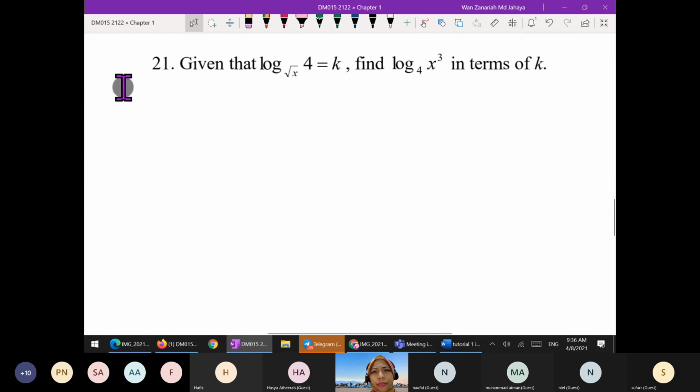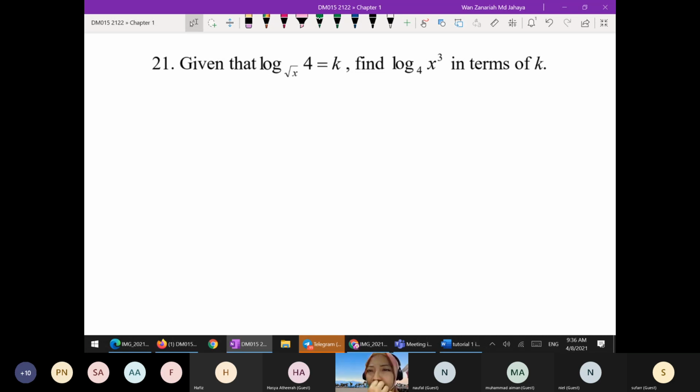Okay, 21. Given that the log 4 base set x equals to k. Find the log 4x cube in terms of k. Okey, apa yang kita boleh buat adalah cadangan.